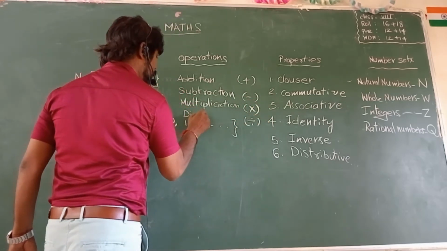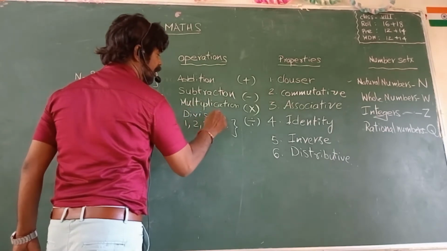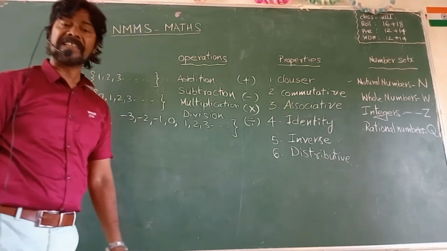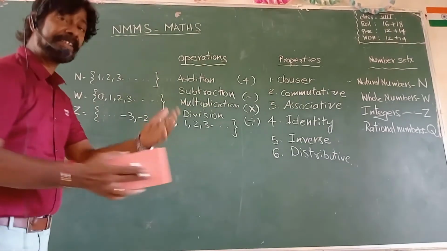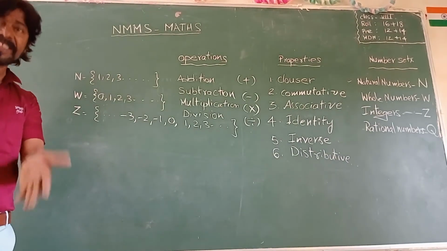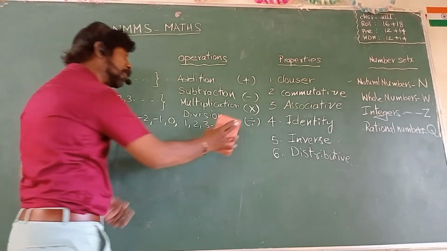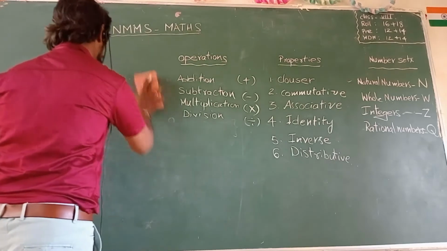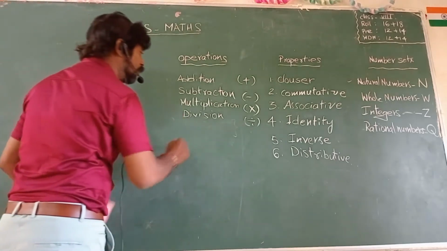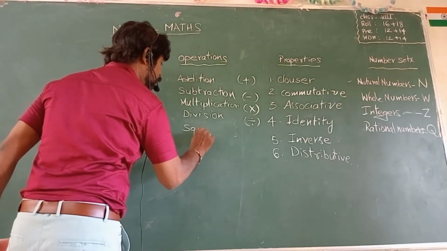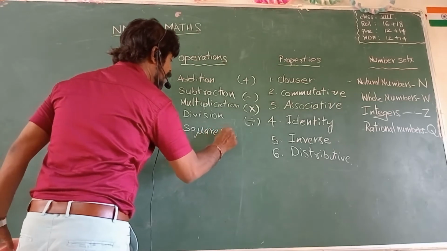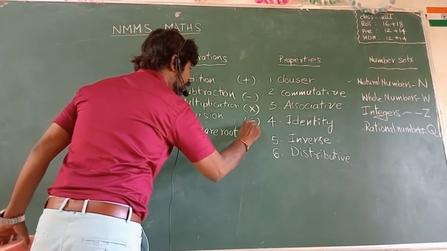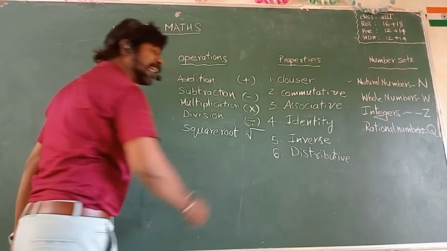Division. Another operation is also there. We get that in this class and higher class: square root. Square root is another operation. This we read as square root.